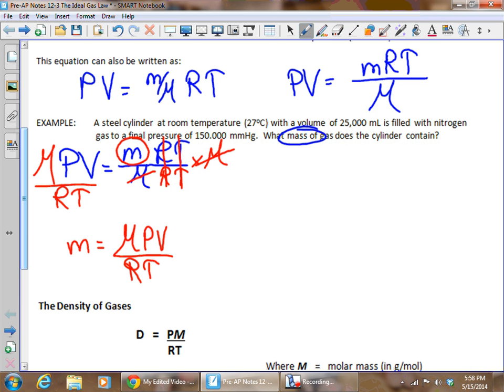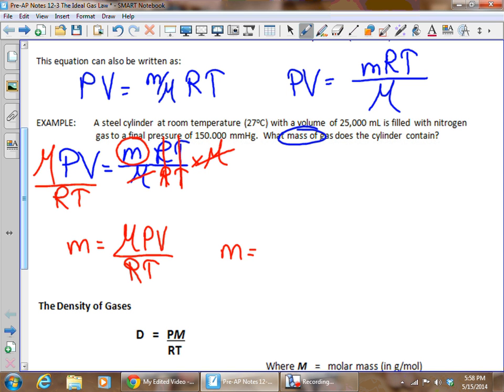So let's plug these values in, and please remember we must pay attention to what the units are in, and for the ideal gas law equation, because it is R driven, those units have to be in Latam molts. So plugging in these values, we get that mass is equal to the molar mass, and we need the molar mass of nitrogen gas.